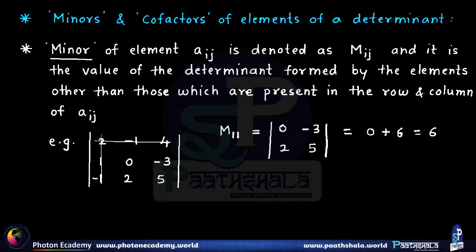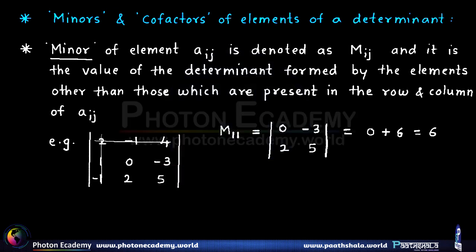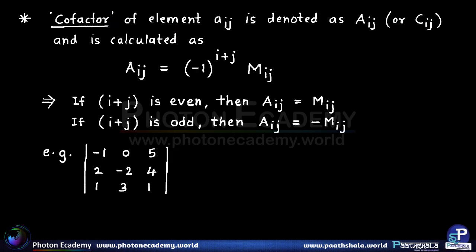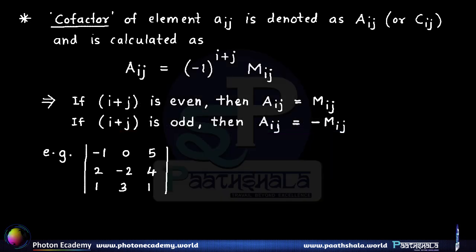Now let us see another term, the cofactor. This only slightly varies from the definition of minor. Moving on to the next page, the cofactor of element Aij is denoted as capital Aij, or sometimes some authors prefer to denote it as capital Cij, and it is calculated as per the formula shown here.